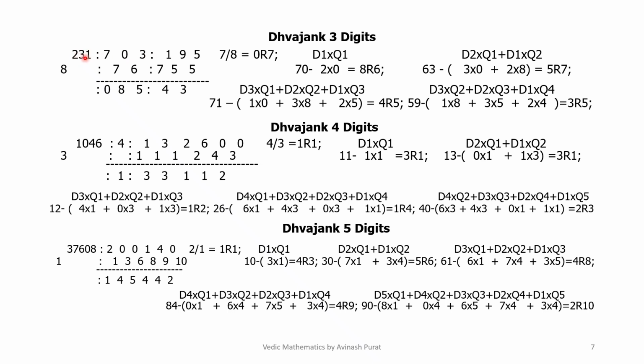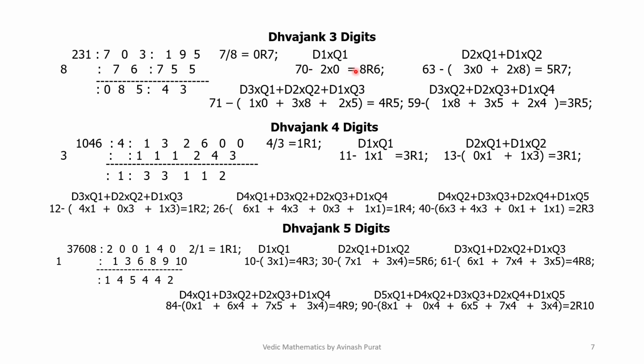Being 3 digits the Dhvajanka, we take 195 after decimal point. Now 7 divided by 8 is 0 and remainder 7, 0 or 7. 70 minus D1 into Q1. So 70 minus 2 into 0 equal to 70.